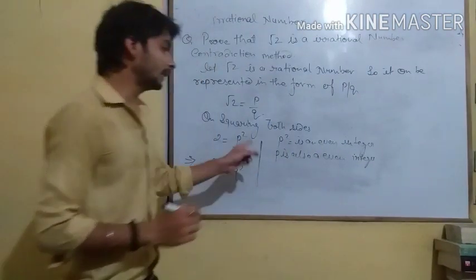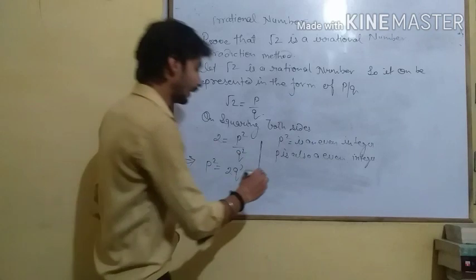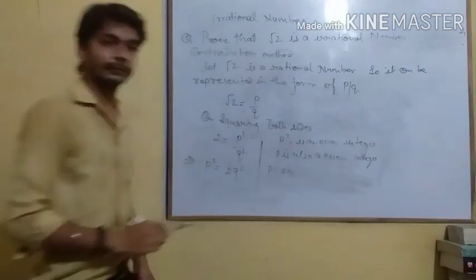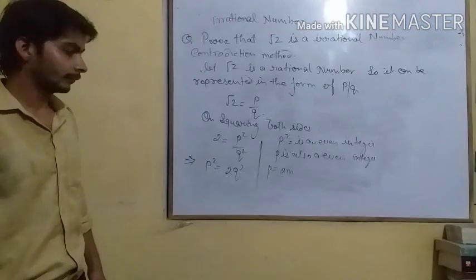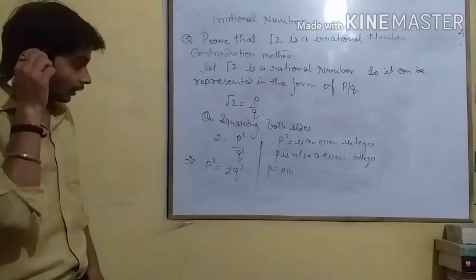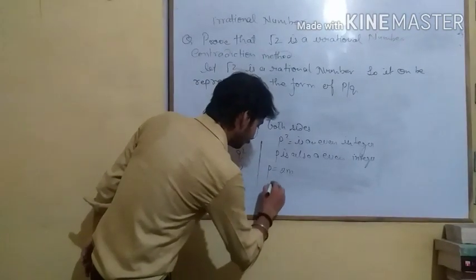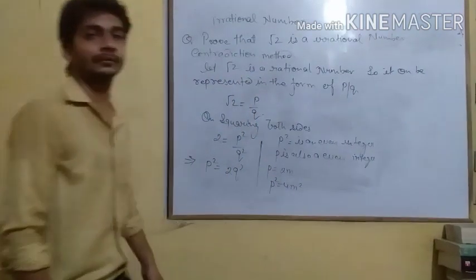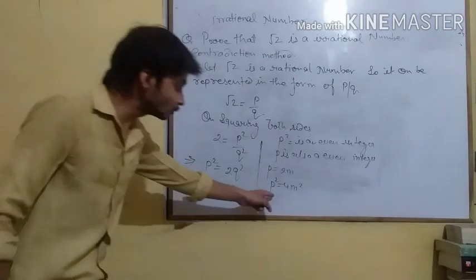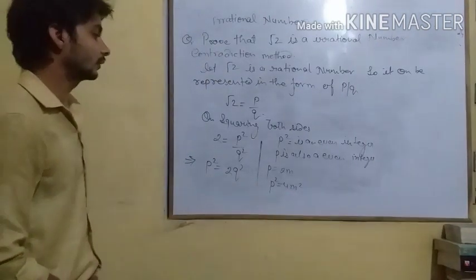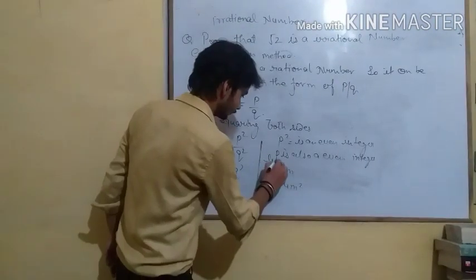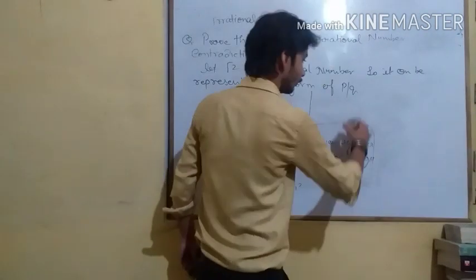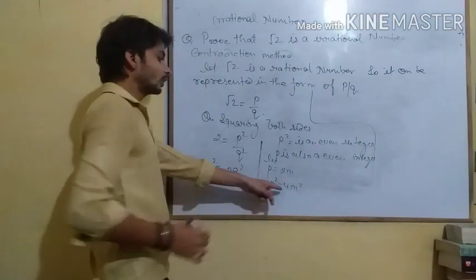If the p is an even integer, then let p be equal to 2m. If p is equal to 2m, then p square is equal to 4m square.